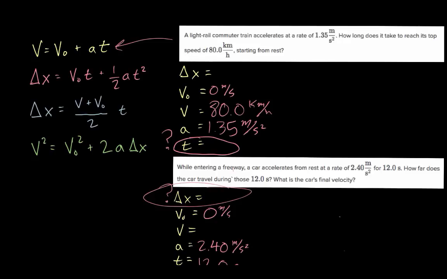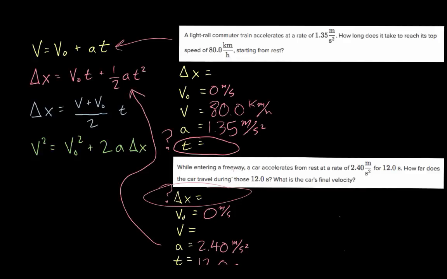It has time in it, and we have time, so we'll be able to plug that in. And then finally, it also has acceleration. So it has everything we need. It has the thing we're looking for, and it doesn't include anything that we don't know and aren't looking for.